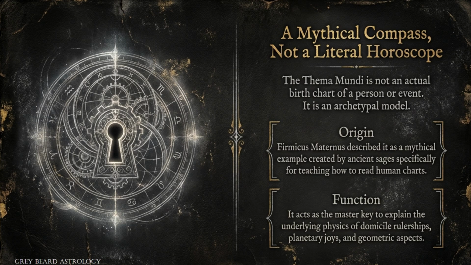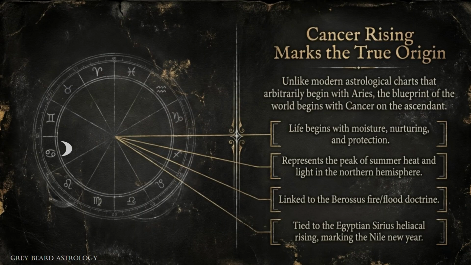Firmicus Maternus called it an example created by the ancient sages and astrologers. So the ancients used it to compare their own charts, to see how many planets you might have in rulership. So we have Cancer rising, the starting point.